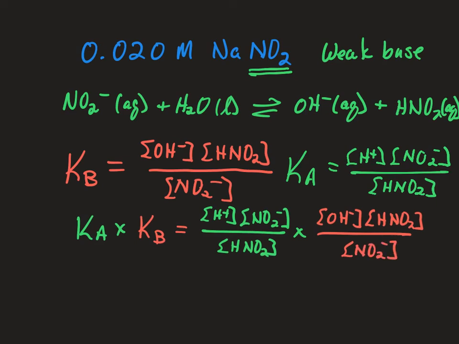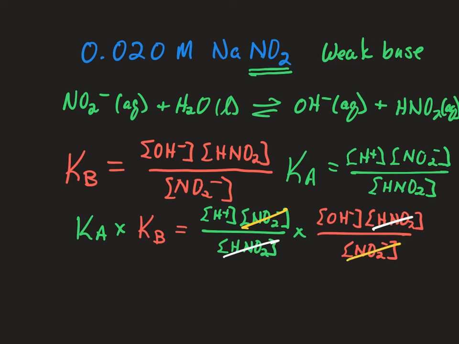But if we look at this, we've got nitrous acid in the denominator here and in the numerator here. Nitrous acid divided by nitrous acid is 1. Similarly, we've got nitrite and nitrite. Nitrite divided by nitrite is 1.